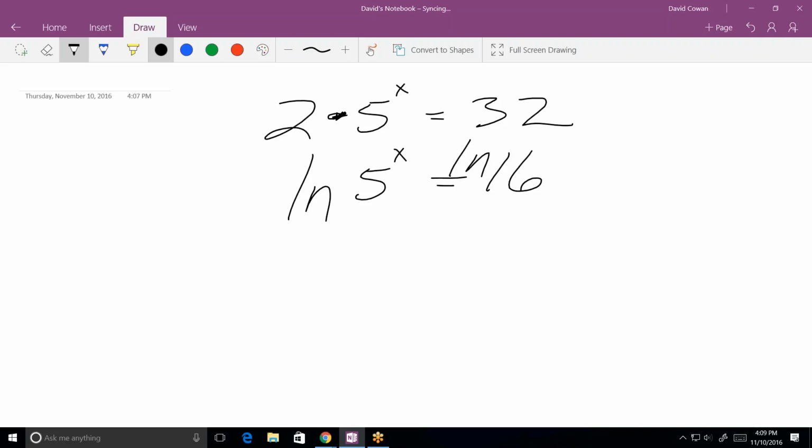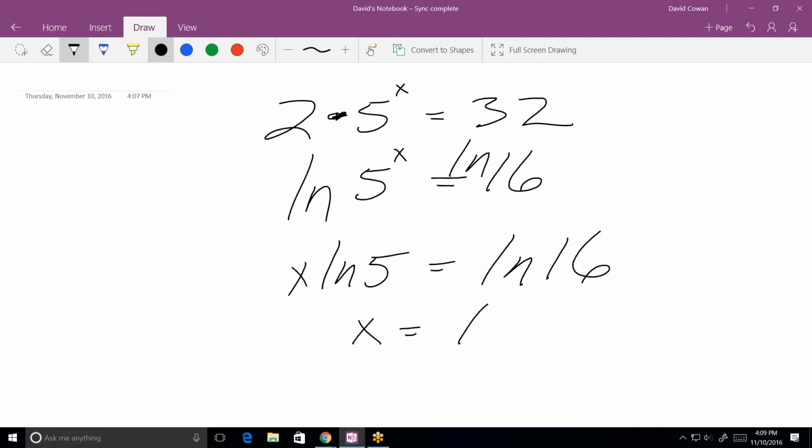The key is once you've taken the natural log of the left side, then you can bring the x down in front. So it looks like this. Now you have a solution. Now you have to get that number out of your calculator. And then what did they say, rounded off to 3 decimal places?